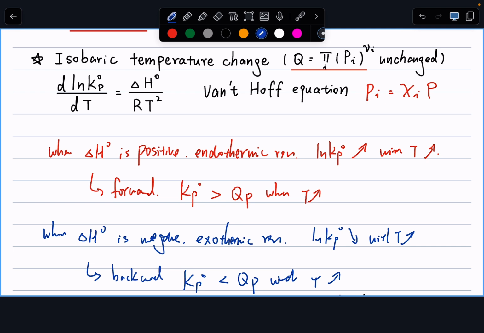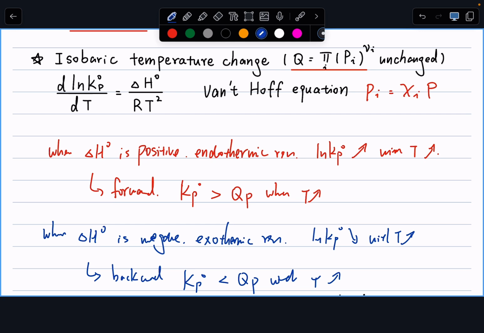And then you might ask, how do we find out what delta H is? Well, for that, you can use our appendix table. If we give you a reaction of, say, water decomposing into H2 and O2, you can use the thermodynamic table to find out if that reaction releases heat or absorbs heat, and use the delta H calculated from the thermodynamic table to estimate how my equilibrium constant changes with respect to temperature.